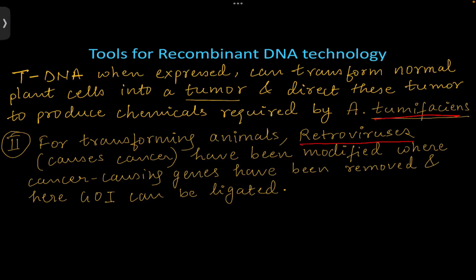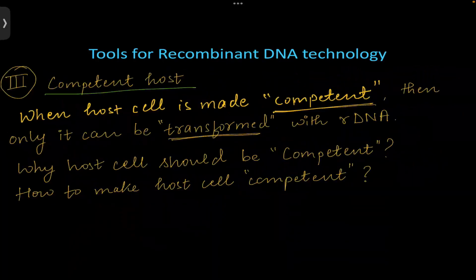If we remove the cancer causing genes from the retroviruses and instead add your gene of interest, which you want to express in your organism, and then allow this retrovirus to infect your animal, you will see that the animal cell shows the desired phenotype. So this is how vectors are used for plants and animals.